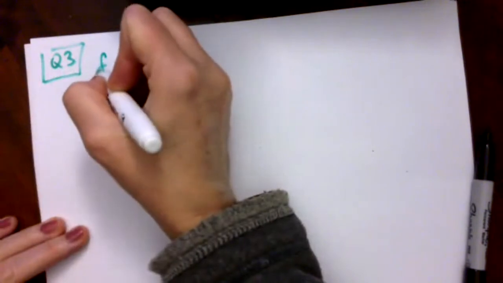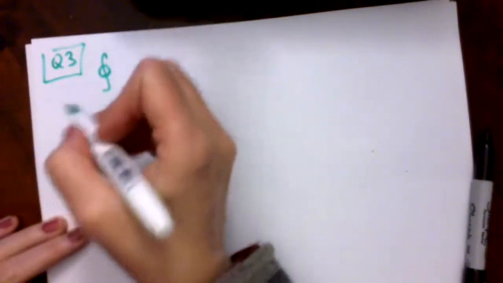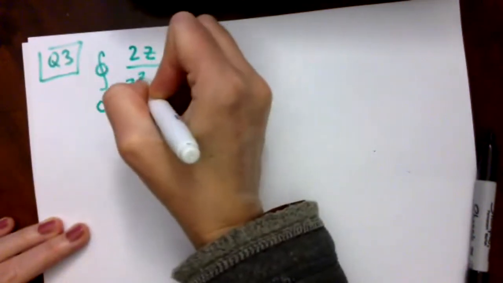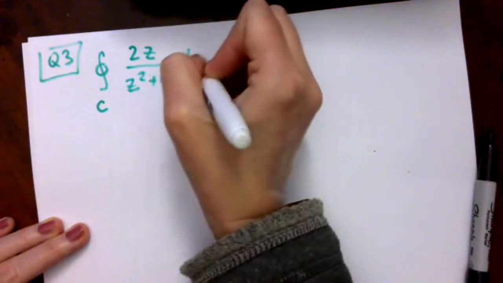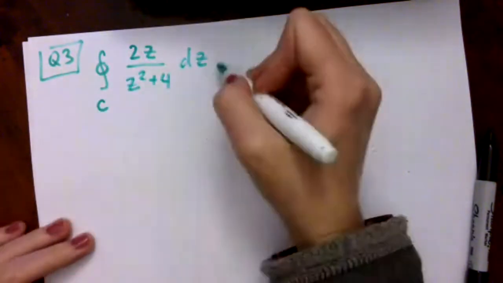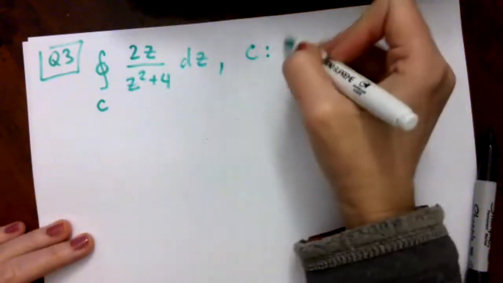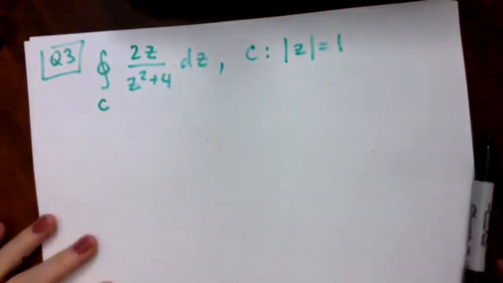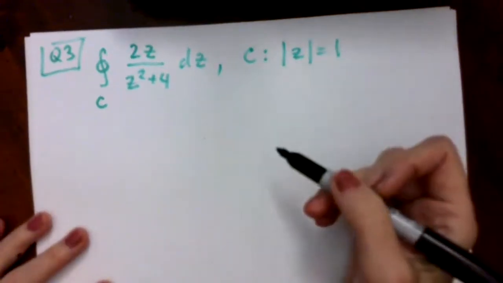In this question, you are given an integral along a closed contour, which looks like 2z divided by z squared plus 4 dz, where C is the closed circle of radius 1. You need to recognize this equation.